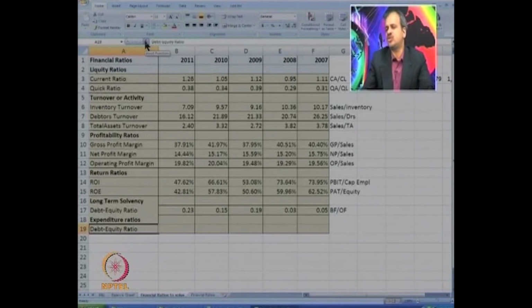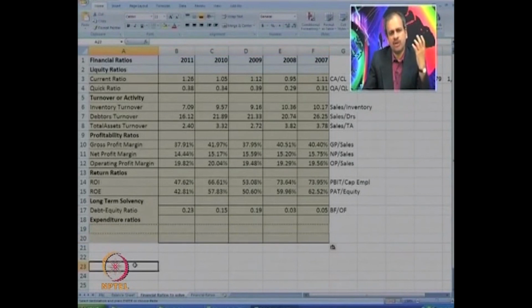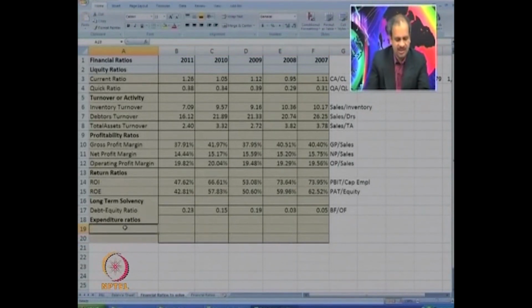So, expenditure ratios are mainly for internal purpose, where the company tries to find out how much is the proportion of expenditure on sales. So, one of the popular measures is known as the COGS ratio.